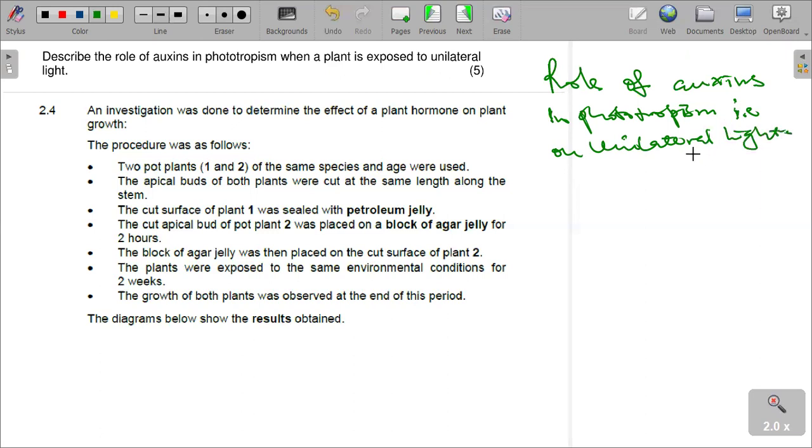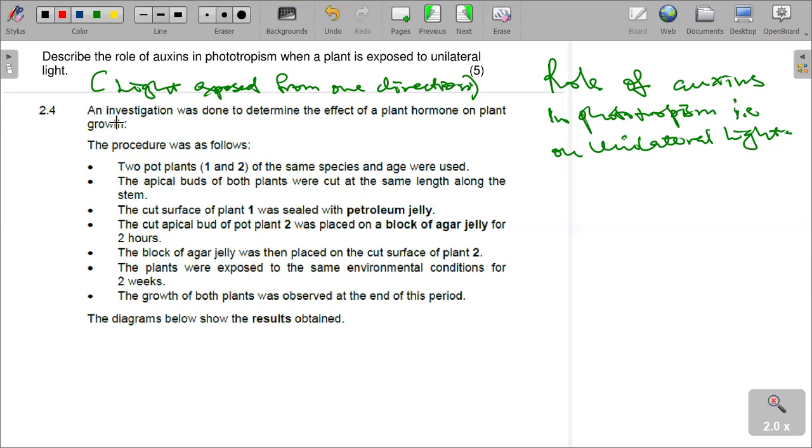Unilateral light, we are saying light from one direction. This question wants you to talk about light exposed from one direction. That is what the question is asking, the issue of light from one direction.